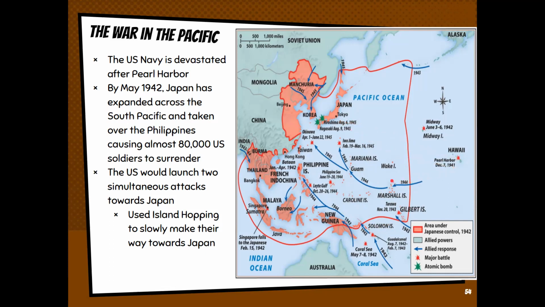You go and attack each of these little islands. You get closer and closer, because each time you take over an island, now you can use that as a base to attack the next island. It'd be way too hard to take your entire invasion force on one big trip to Japan. It's much easier to take smaller steps to get there.